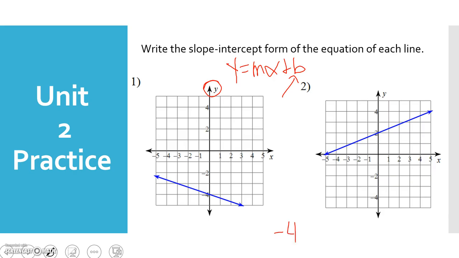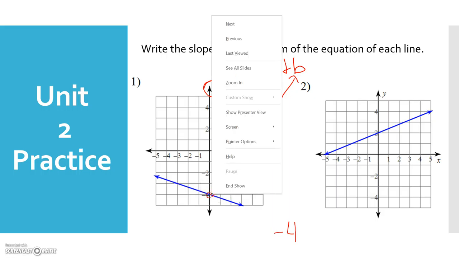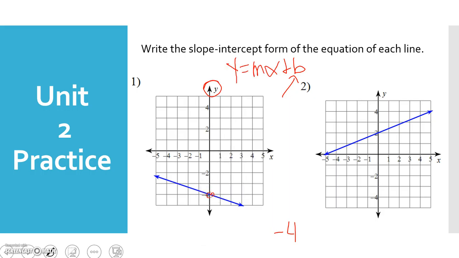I'm going to start at my y-axis, or my y-intercept. Sorry, I don't know what's going on. And then I'm going to go to another point on my graph, and I'm going to count how many do I go up and how many do I go over to get there. Well, I'm going to go up 1, so my change in y is a +1.